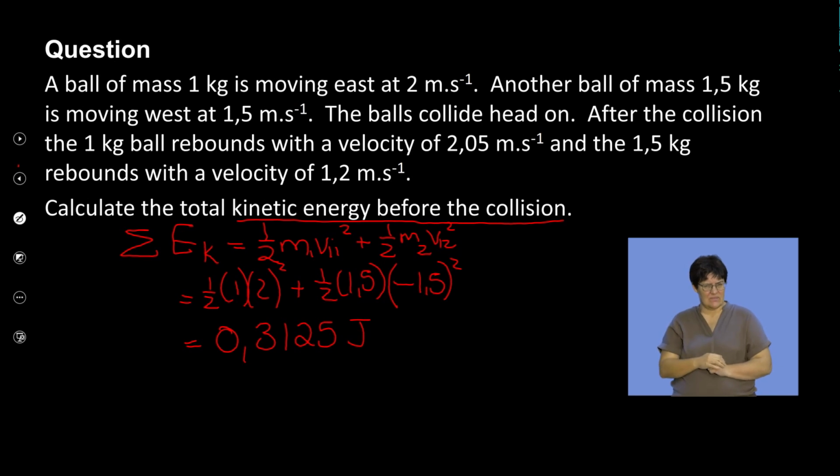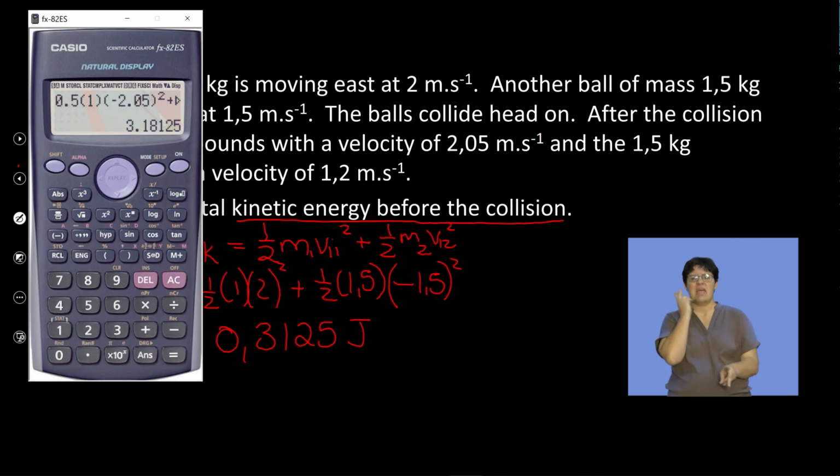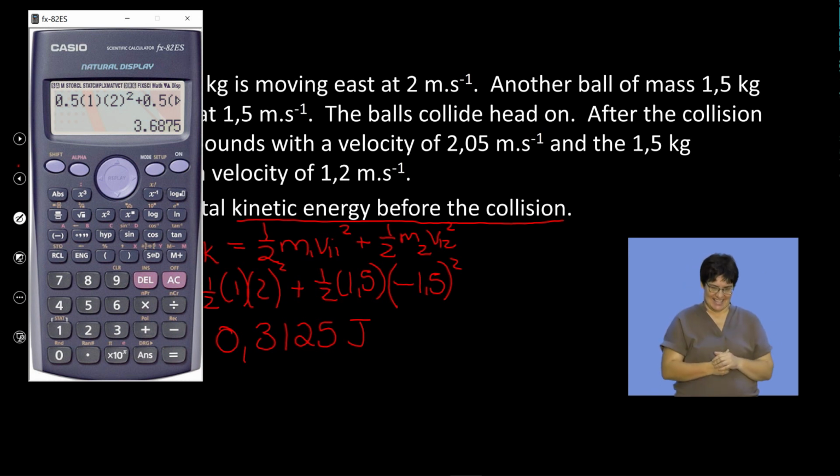Something's not right here. So let's do this one again. I think what I did, okay, is I didn't square that 2. And that's fine. This is why we go back and check. So we've got 0.5 times 1 times 2 squared plus 0.5 times 1.5 times minus 1.5 squared. There we go. Okay, now that makes more sense.